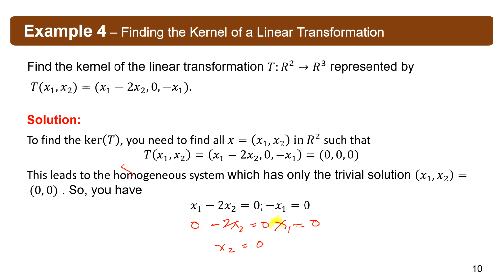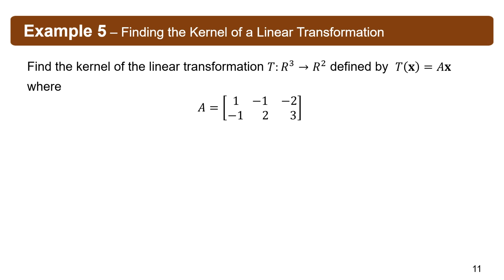So therefore, you will have x of 1 is 0, so you have 0, then 0, and x of 1 and x of 2 is equal to 0. Or we call that the 0 vector.